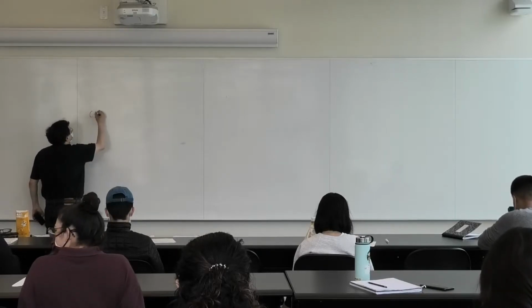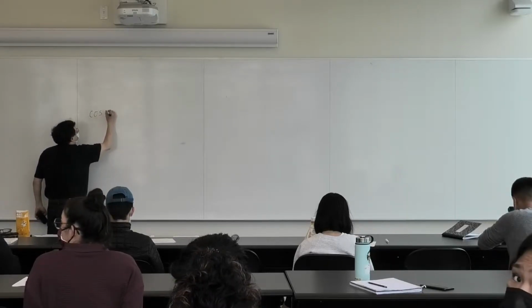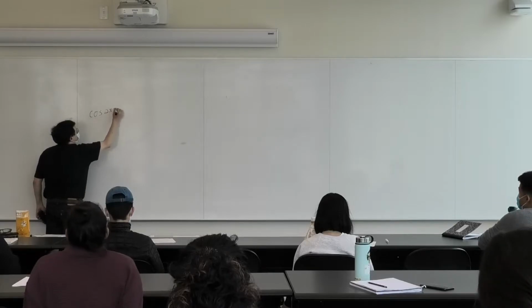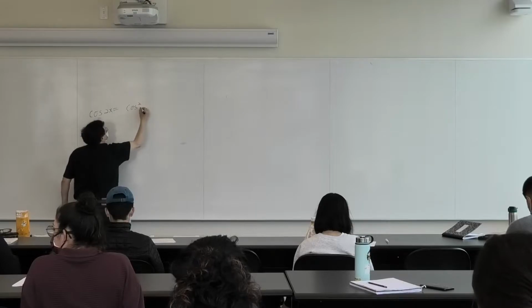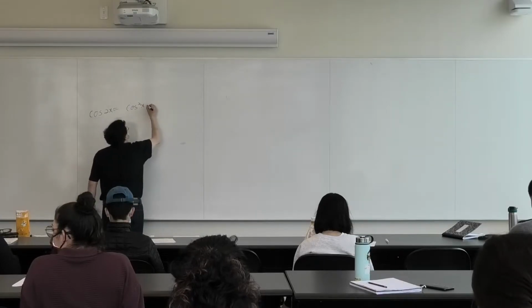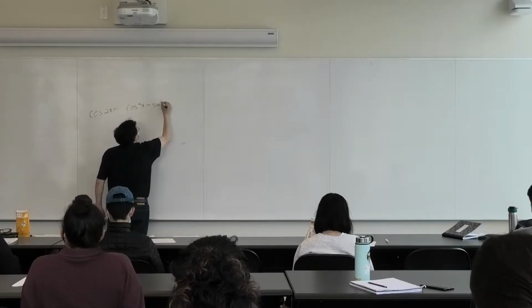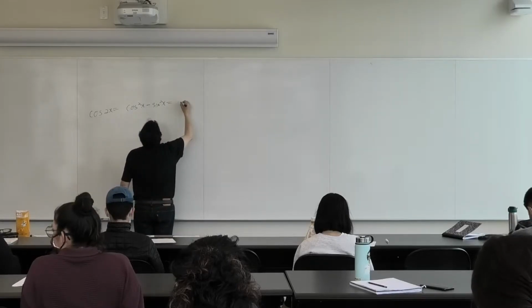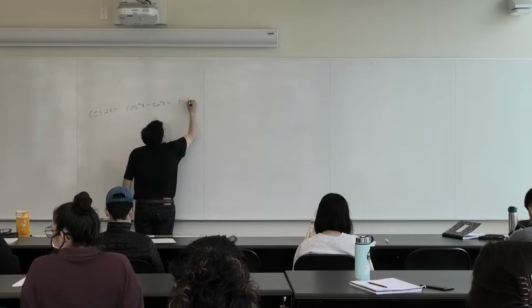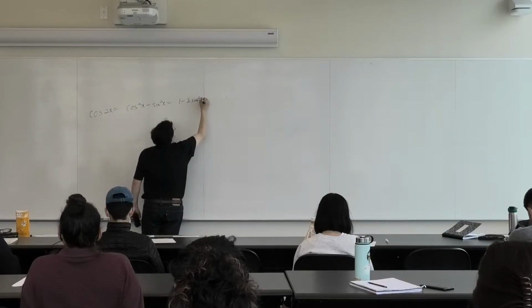So, cosine of 2x is cosine squared x minus sine squared x, which is equal to 1 minus 2 sine squared x.